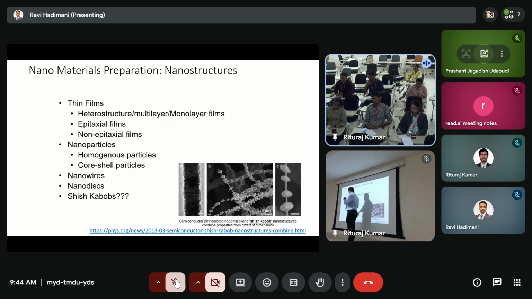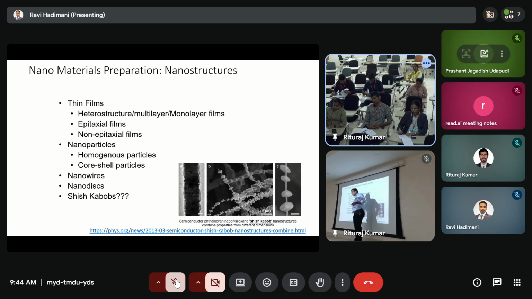Non-epitaxial is like polycrystalline. Then we have nanoparticles, and within nanoparticles, you have homogeneous nanoparticles, and then core shell nanoparticles. There is a core, which is a different material, and then you coat it with some other material. Then you have nanowires, nanodiscs.